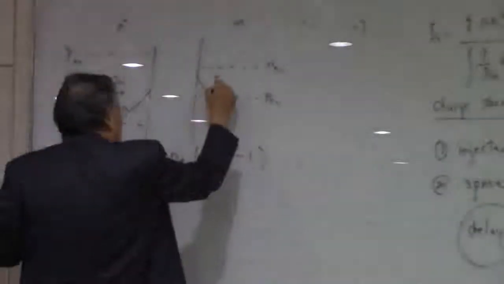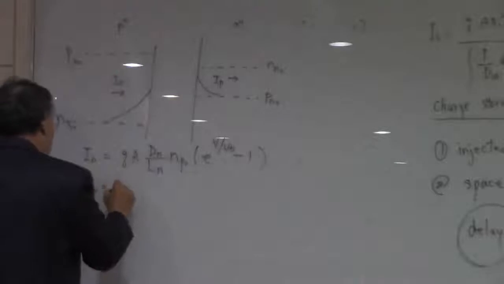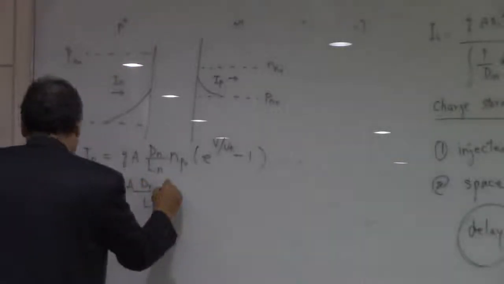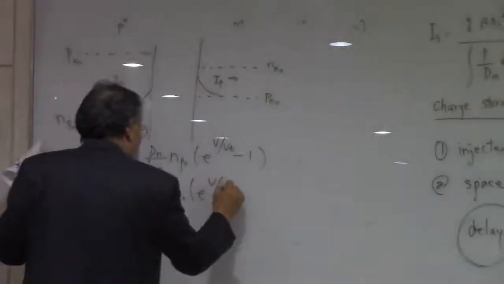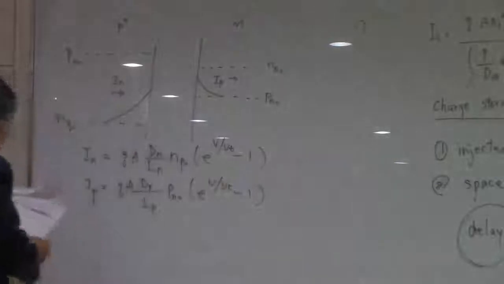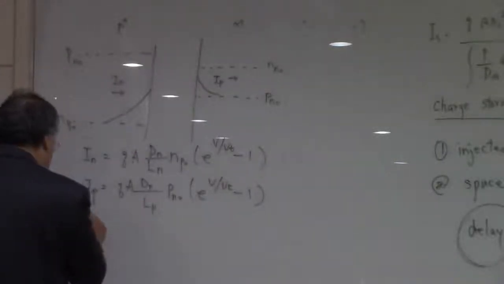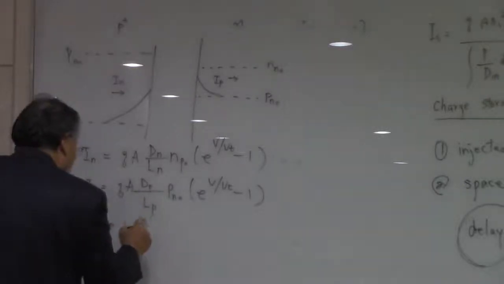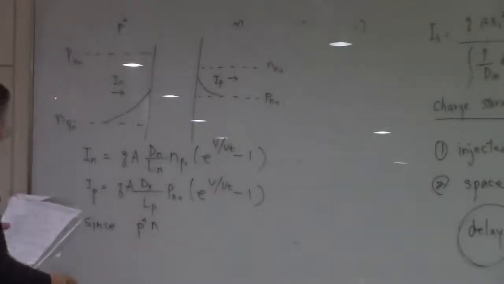And IP is going to be QA dP over LP P n naught e to the v over v t minus 1. So, we have a very heavily doped emitter and the lightly doped base.